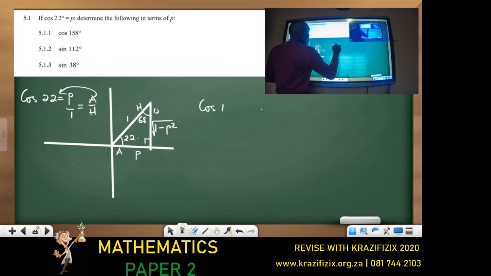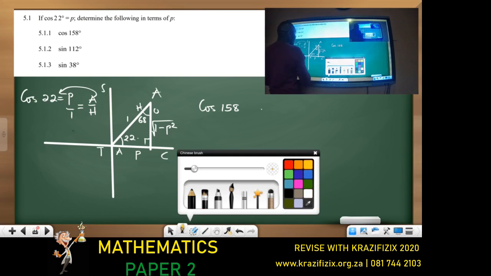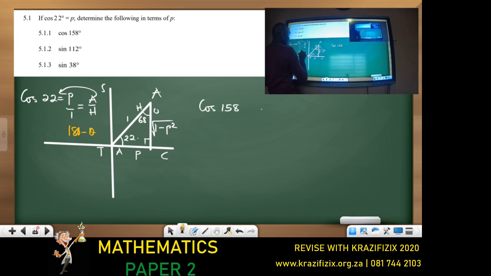Now, what is cos 158? 158 already tells me I am in the second quadrant. And in the second quadrant, remember, all science teachers cheat. In the second quadrant, cos is negative, 180 minus theta. So cos is negative.